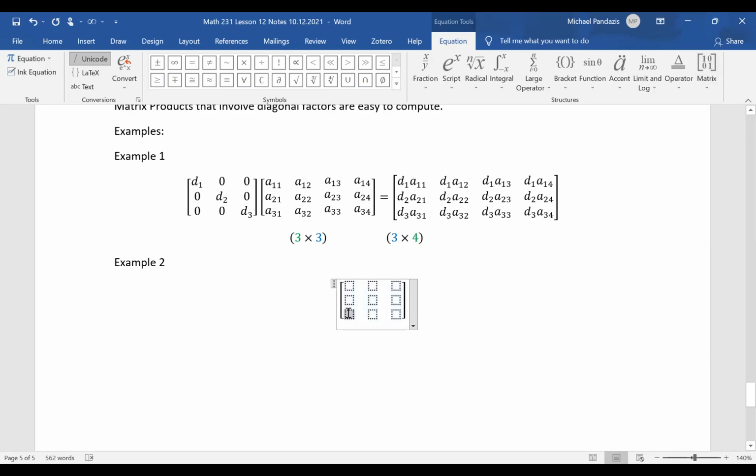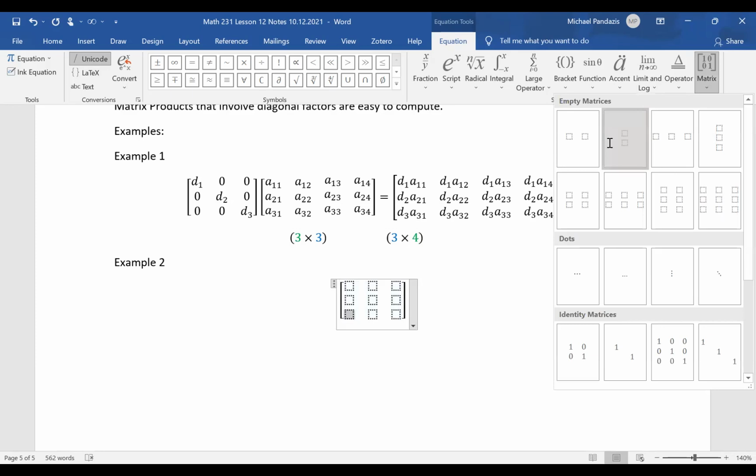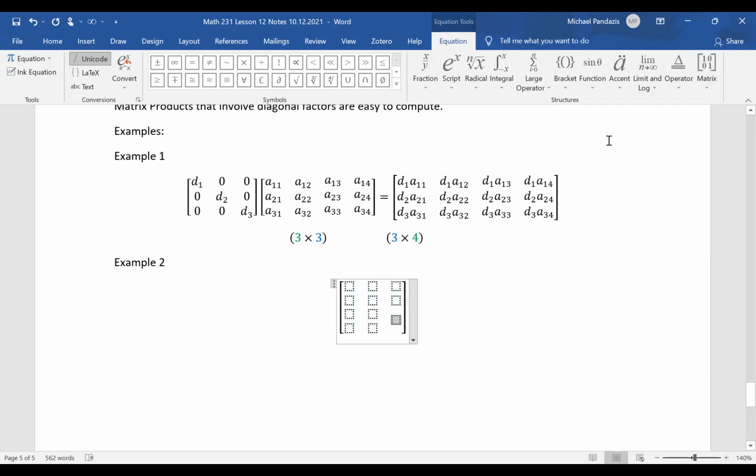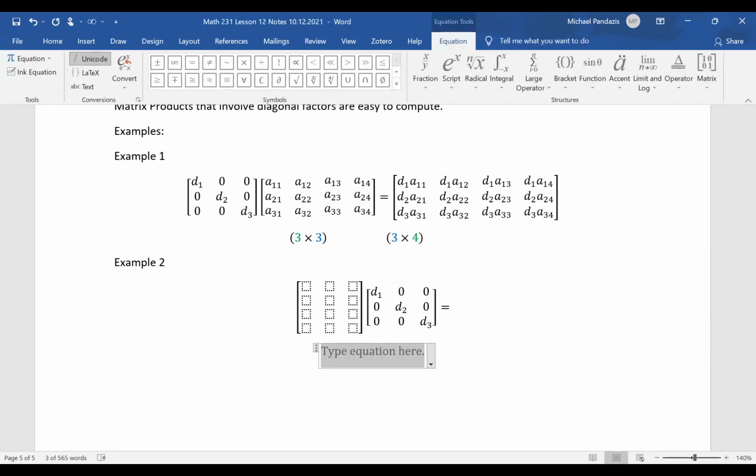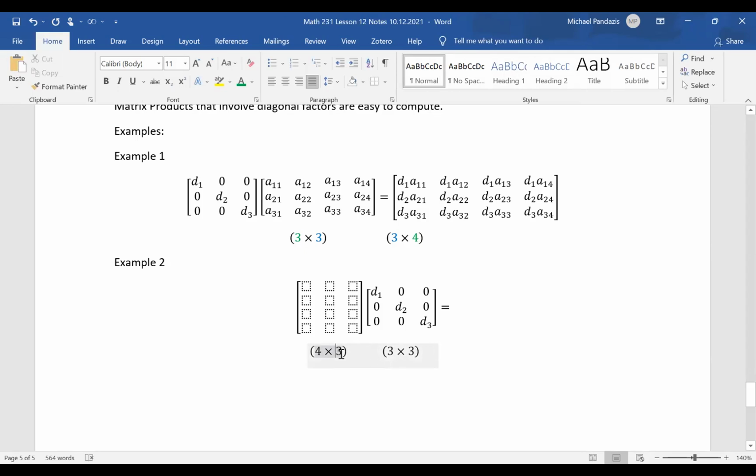If you have a matrix on the left side and you right multiply it by a diagonal matrix, then you get a resulting matrix. The matrix on the left is 4 by 3, and the matrix to the right of it is a 3 by 3 matrix. So you're multiplying a 4 by 3 matrix by a 3 by 3 matrix.